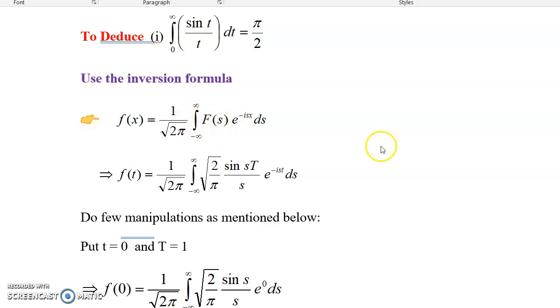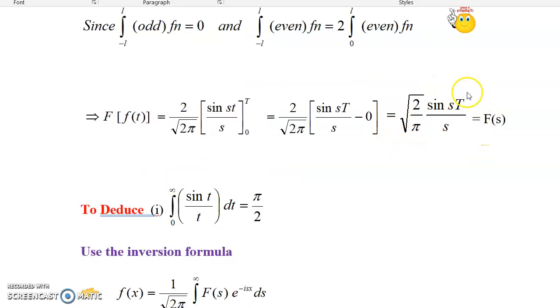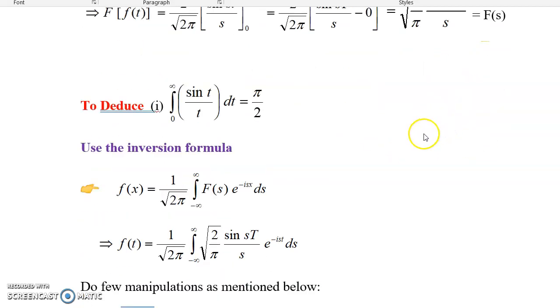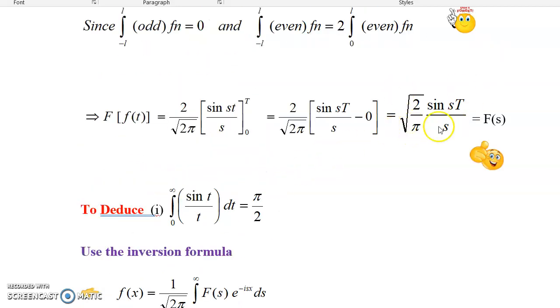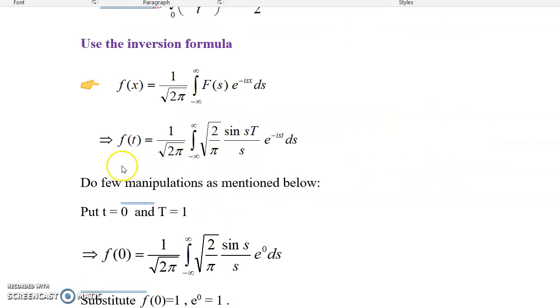What is F of s? See, here we got the answer of F of s like this. So substitute this F of s here into e power minus ist ds. See, in the place of x we have written t, just a name change of the variable. This capital F of s is this answer we have substituted. So that is why we get this term.